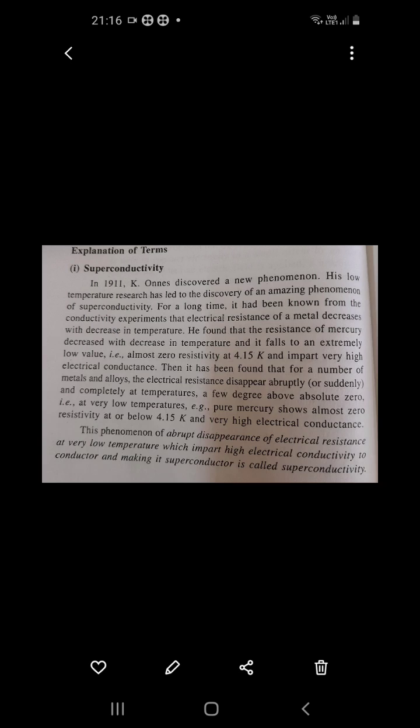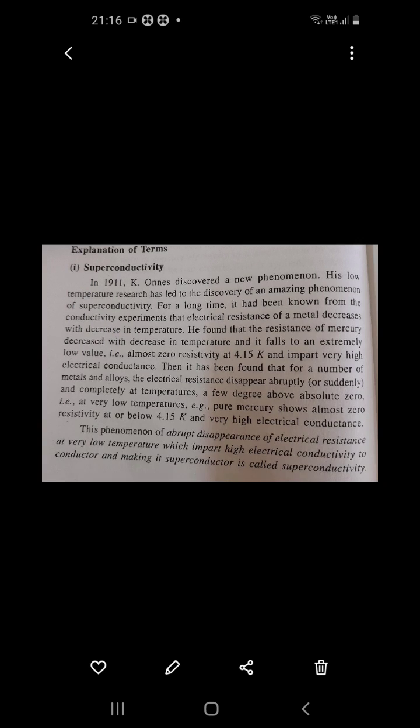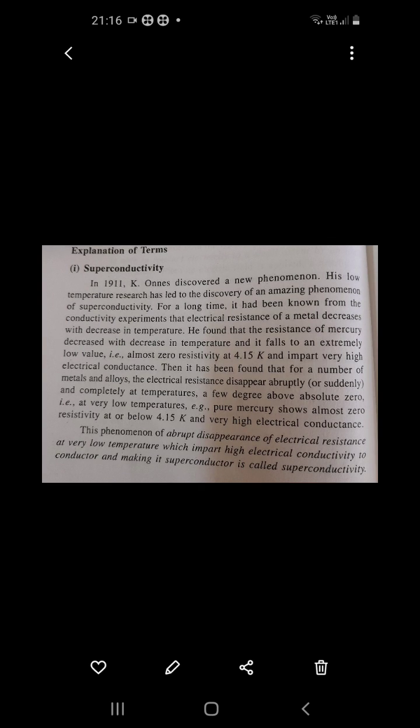Then it was found that in a number of metals and alloys the electrical resistance disappears abruptly and completely at low temperature. The phenomenon of abrupt disappearance of electrical resistance at very low temperature, which imparts high electrical conductivity to the conductor and makes it a superconductor, is called superconductivity. Here I request all the TYBSc students to keep this definition in mind.